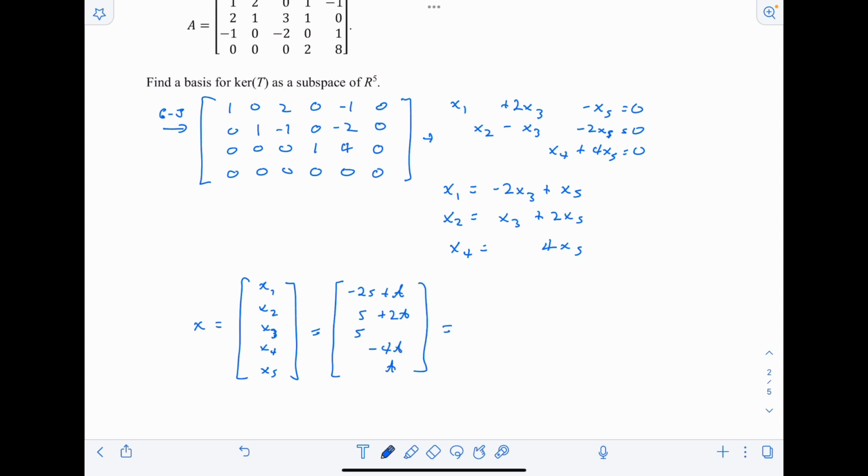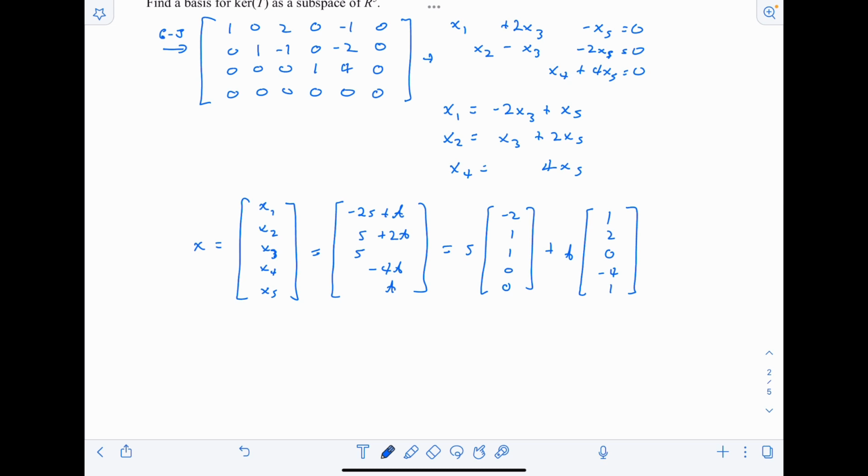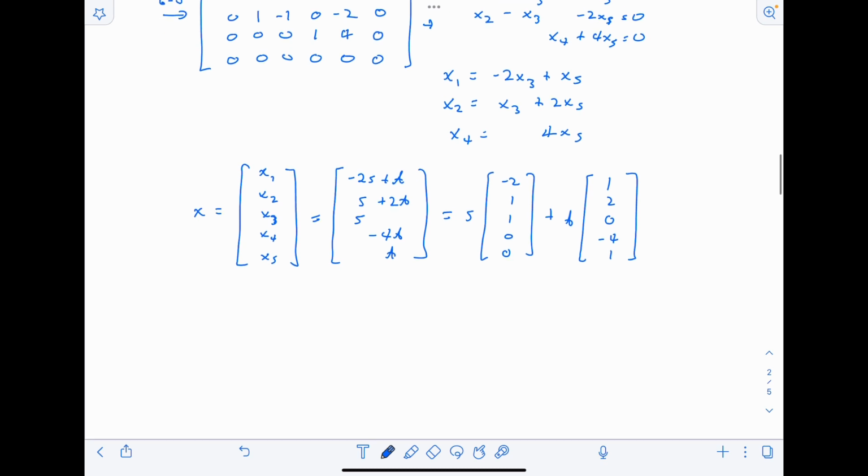Or if we put this in a linear combination, we've got s times (-2, 1, 1, 0, 0), plus t times (1, 2, 0, -4, 1). So in this case, that's our basis. Those two column vectors represent our basis.